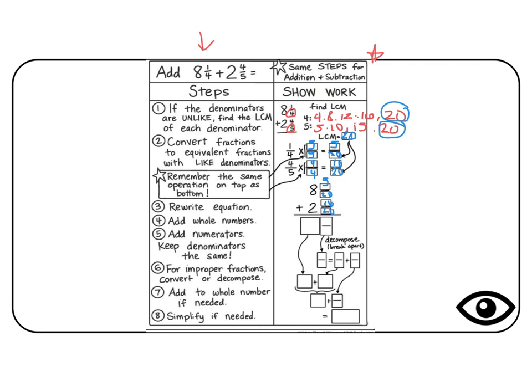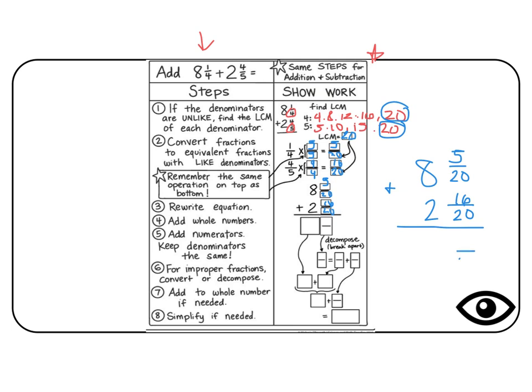I know these are really small numbers, so let's go ahead and add these numbers first. I'm going to write it a little bit bigger to the side. We have 8 and 5 twentieths, and we're going to add it to 2 and 16 twentieths. Just like when we add whole numbers or decimals, we're going to start with our little pieces first. We're going to start with our fractions.